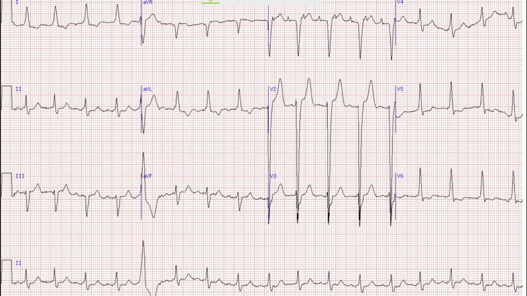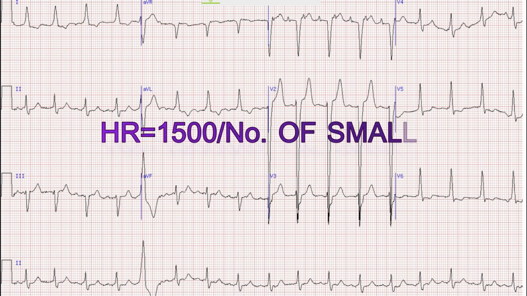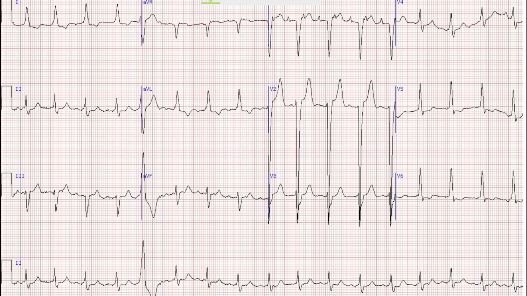As we can see that this is apparently a faster heart rate. So we will use formula 1500 divided by number of small squares. So first we will calculate the number of small squares between two QRS complexes. Suppose these two QRS complexes. We can see that the number of small squares is about 5, 10, 11, and 14.